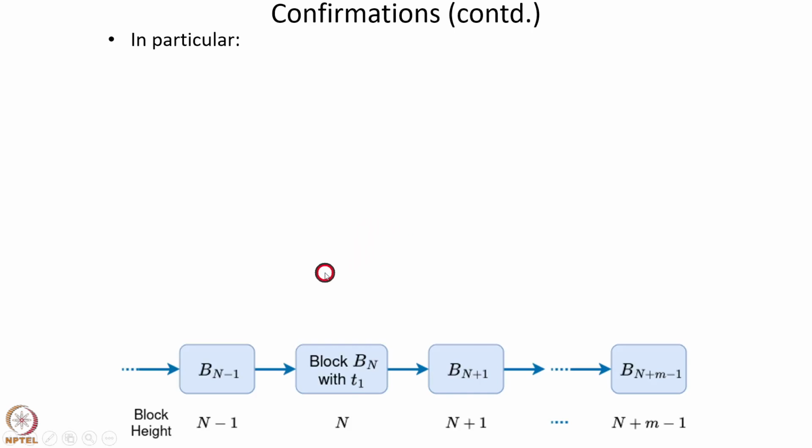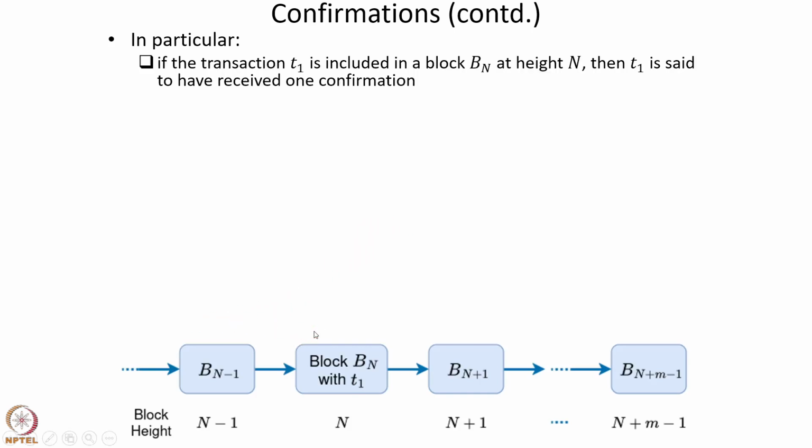In particular, consider an example where the transaction T1 is included in a block Bn at height n. Then transaction T1 is said to have received one confirmation. So this is the transaction T1, present in a block Bn at height n. When block Bn is added to the blockchain, the transaction T1 is said to have received one confirmation.